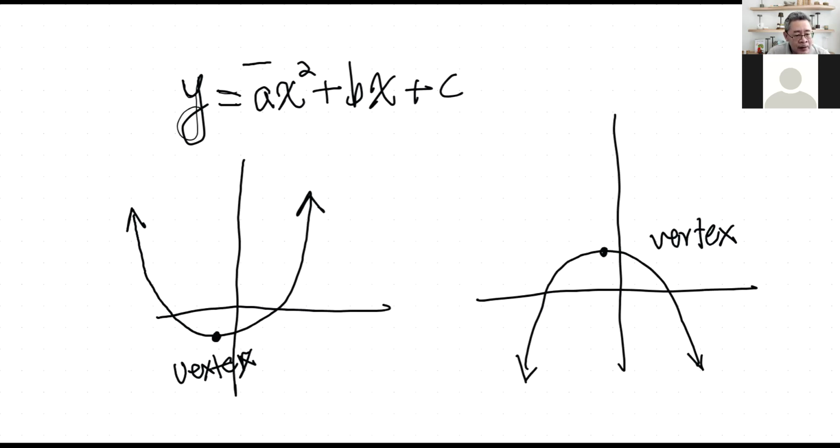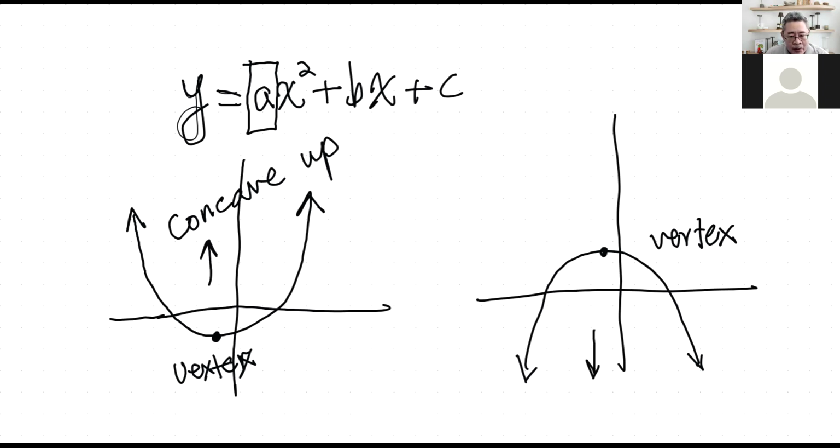The leading coefficient tells us whether it's opening up, or another way to say it is concave up, so the opening is towards up, or opening down, which is also called concave down. And that has to do with the a here. If a is positive, we get concave up. If a is negative, concave down.